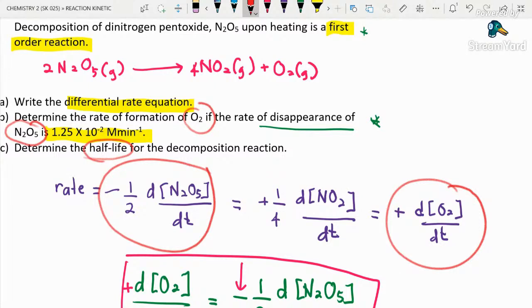Half-life for the first order reaction. How do we solve it?